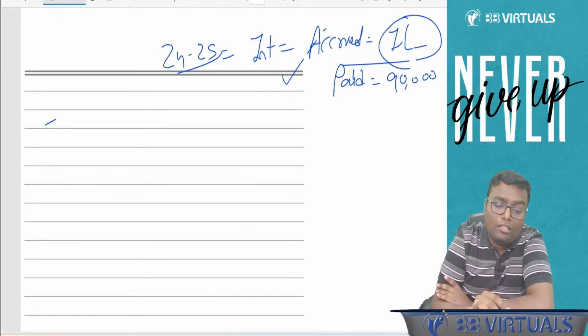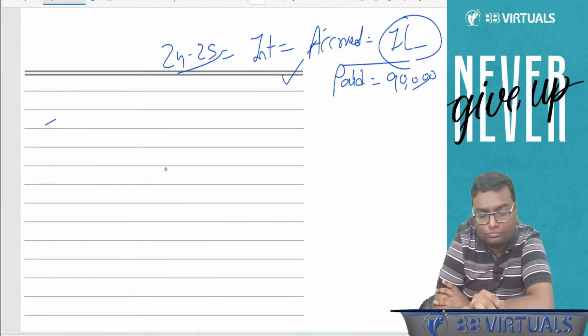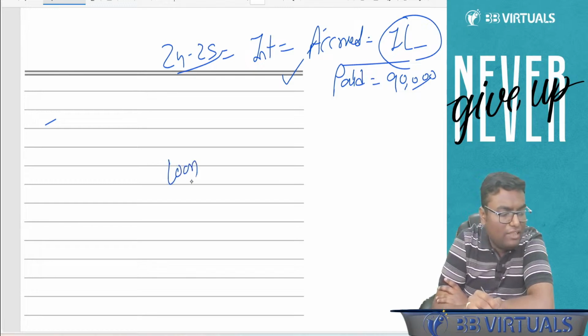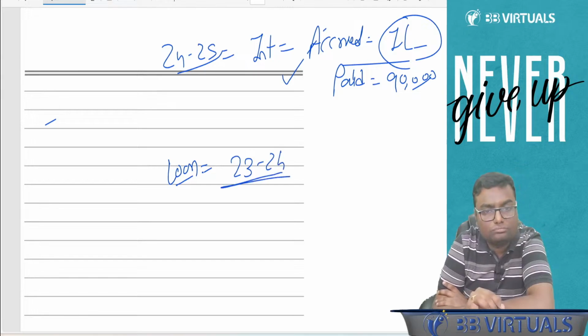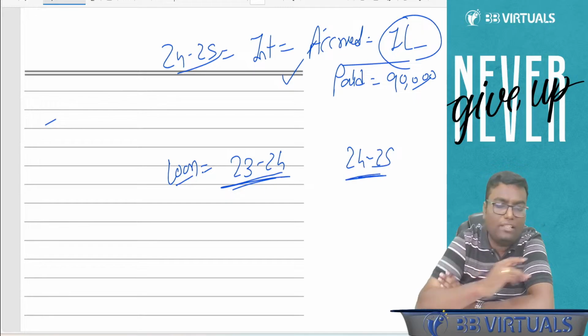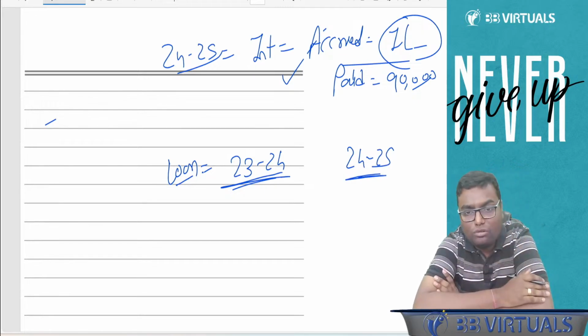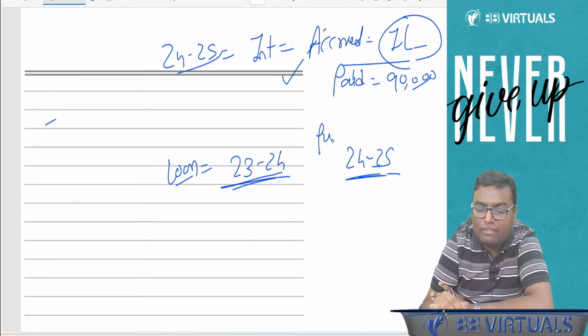Okay. Now this question is very important which I'm going to ask you. If I have taken a loan in the year 23-24, however the purchase is completed in the year 24-25. So the loan is taken in the year 23-24, purchase is completed in the year 24-25.